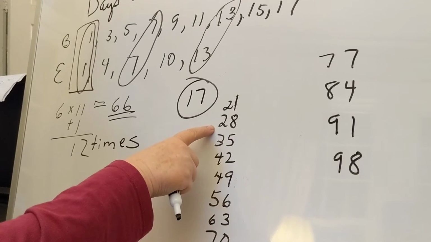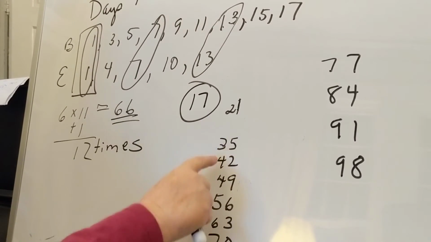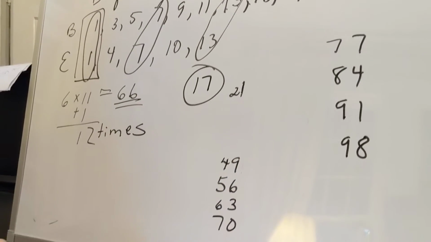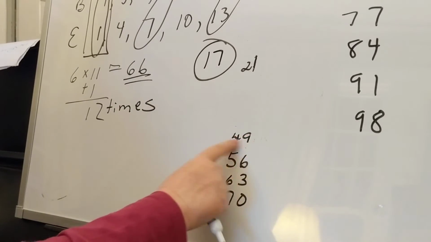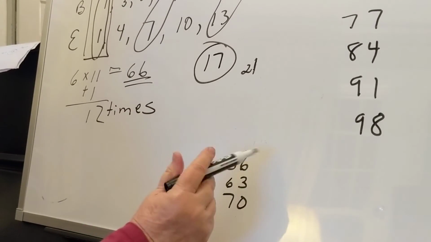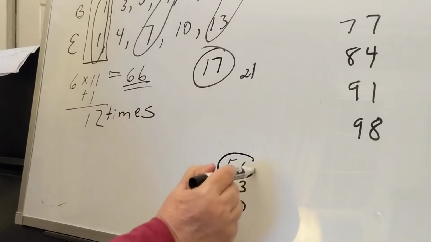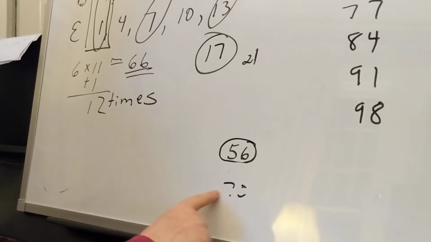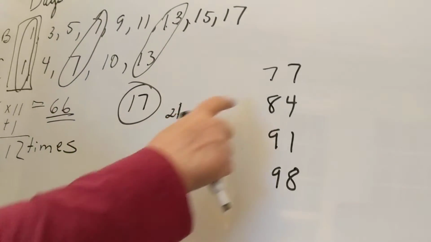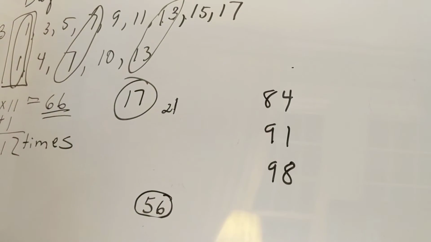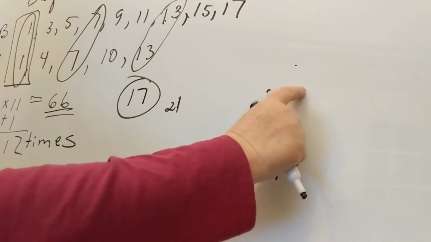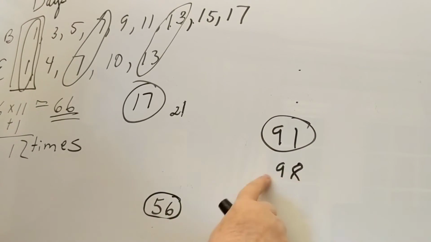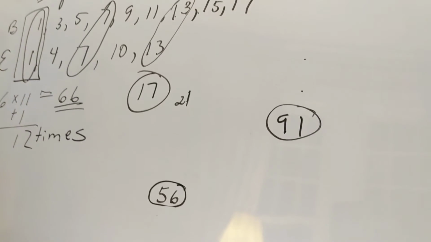Multiple of 5 plus 1, no. That is a multiple of 5, so it's not plus 1. 49, a multiple of 5 would be 45, nope. A multiple of 5 plus 1, that one is possible, because the multiple of 5 is 55. This one, nope. That is a multiple of 5, so nope. This is a multiple of 5 plus 2. That's a multiple of 5 plus 4. This is a multiple of 5 plus 1. And that's plus 3. So we're down to 3 numbers left.